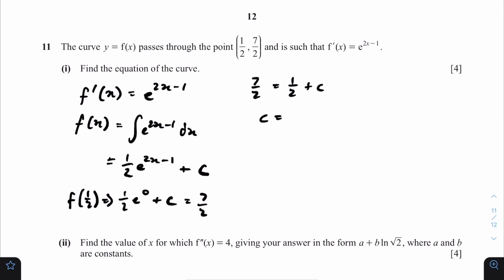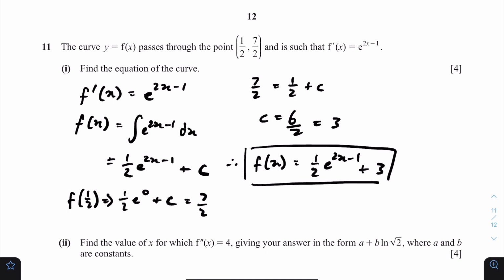C is therefore equal to 6 over 2, which is equal to 3. So therefore, the function that we have is f of x is equal to half e to the power of 2x minus 1, plus 3.